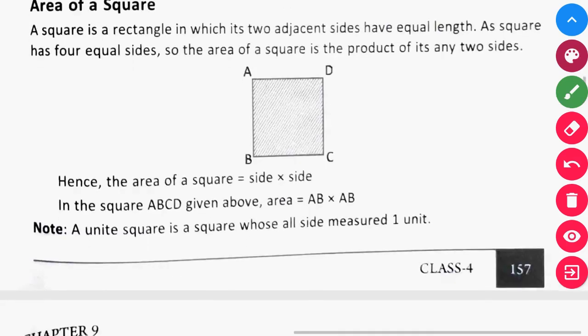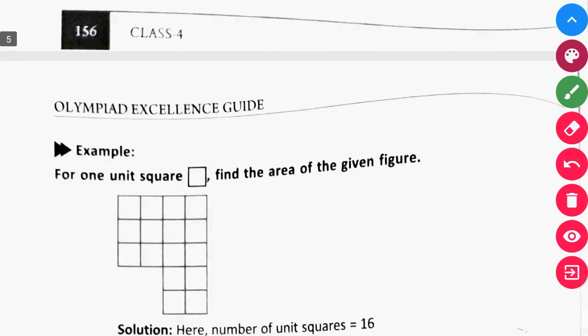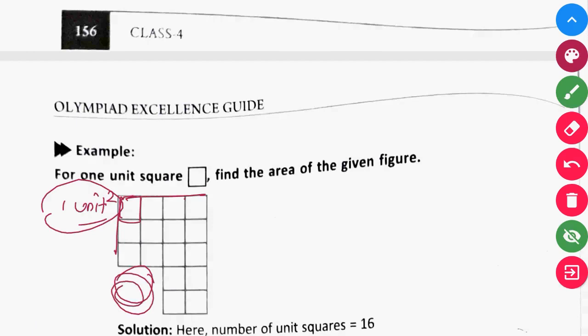Okay. Now we'll see one example. Now here 1 unit square, for 1 unit square find the area of the given figure. Now this square's area is 1 unit square. We have to find the area of the figure. Now here we cannot multiply horizontal and vertical rows, because they are unequal.